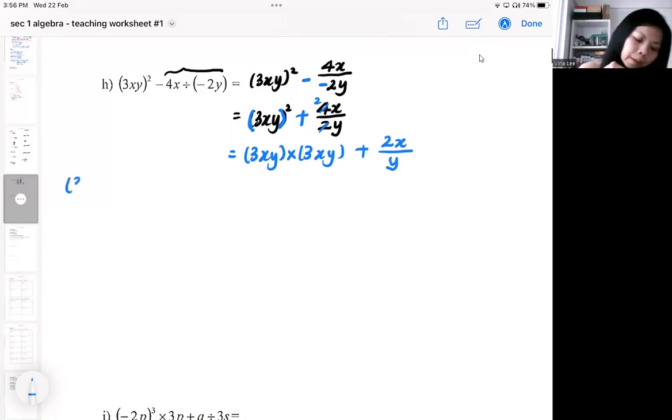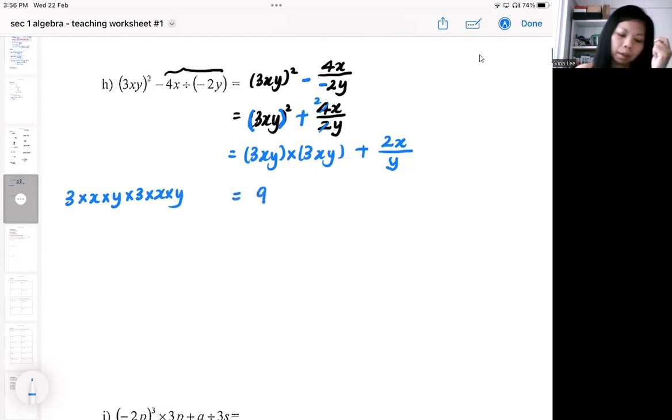So the double bracket represents 3 times x times y times 3 times x times y. So mentally, 3 times 3 is a 9. x times x is x squared. y times y will be y squared. So that will be my final answer.